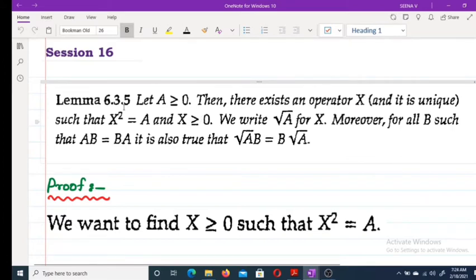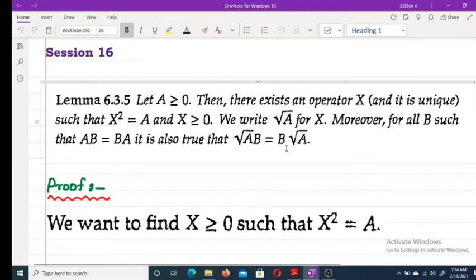Clear? We denote x equal to root a. We write root a for x. Clear? Must note these are not numbers, these are operators. Moreover, for all b such that ab equal to ba, it is also true that root a b is equal to b root a.